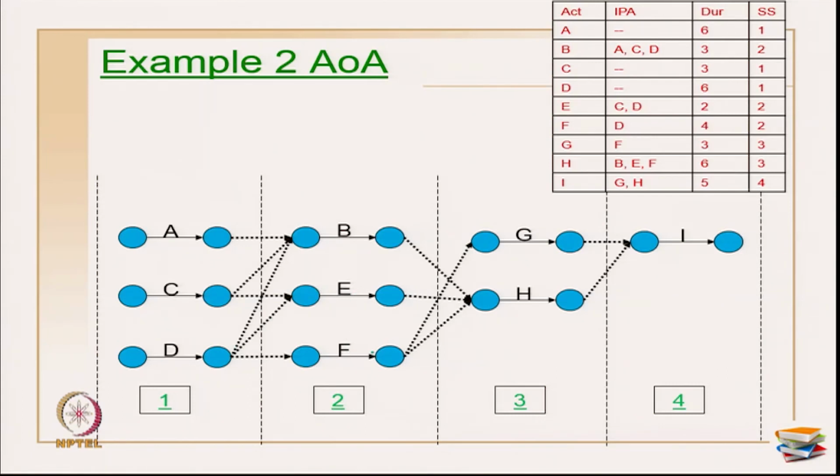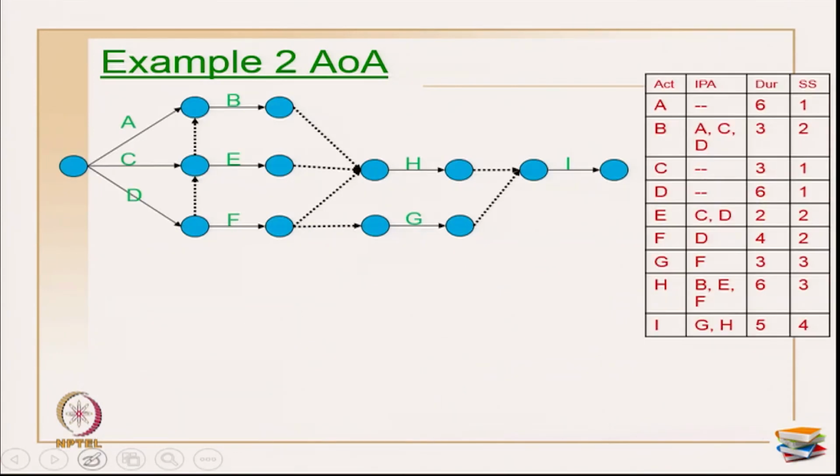For F, activity D is my IPA. Then for activity G, F alone is my IPA. For activity H, I have B, E and F, and for activity I, G and H are my predecessors. So, connect all these with the help of dummies. That will be the second step which you have to do. Okay. So, the diagram is something like this.